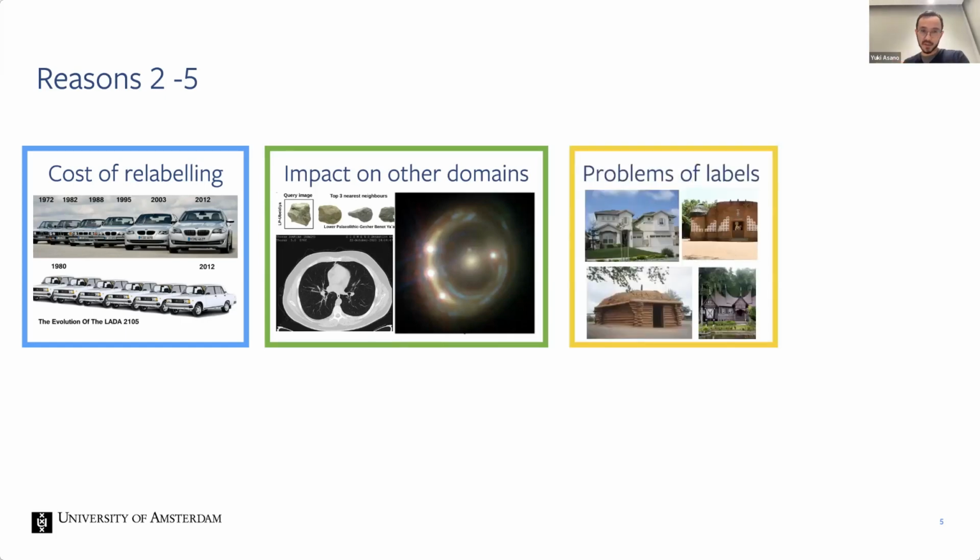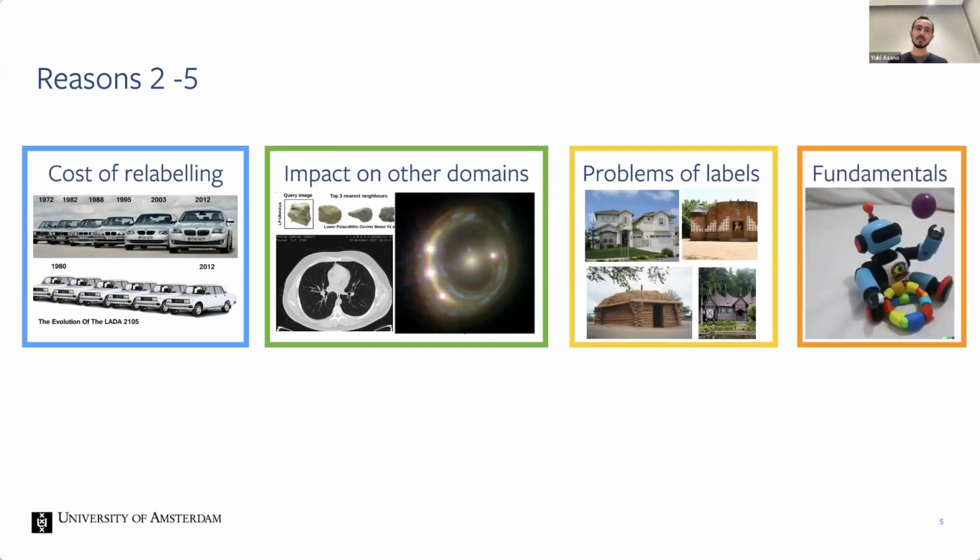Labels also carry a lot of problems, like what even is a house. The same actually goes for text-image data sets like CLIP, which can be highly biased. You don't have that as much with self-supervised learning. And finally, simply studying what you can learn from images alone is a really fundamental problem, and as such is quite interesting as a research question.